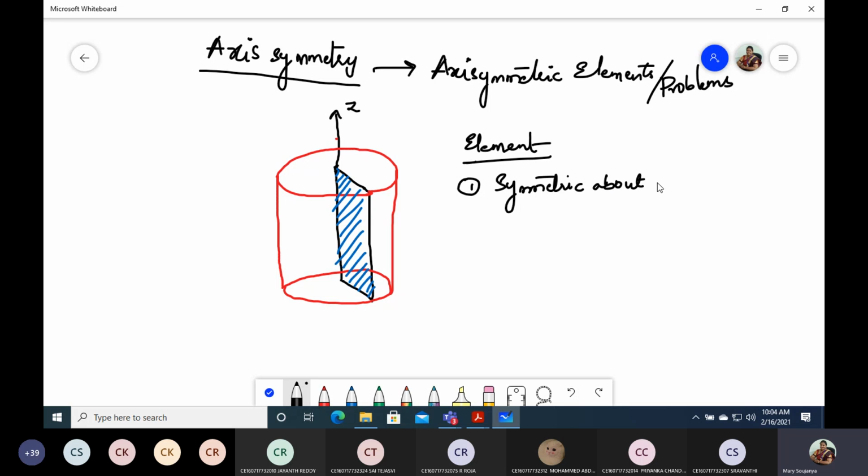Symmetric about an axis with respective... The first one is geometry. Second is loading.